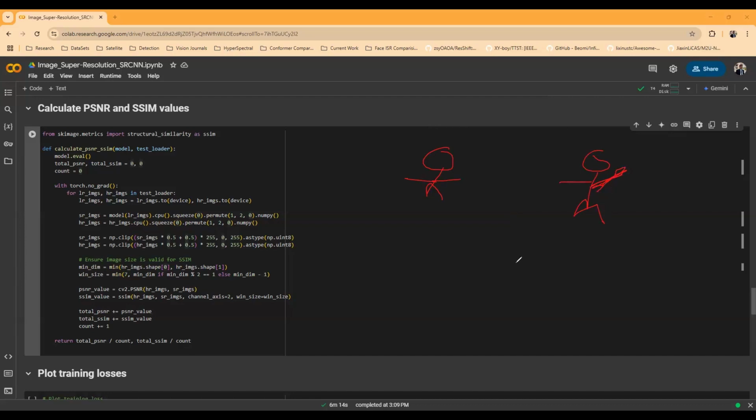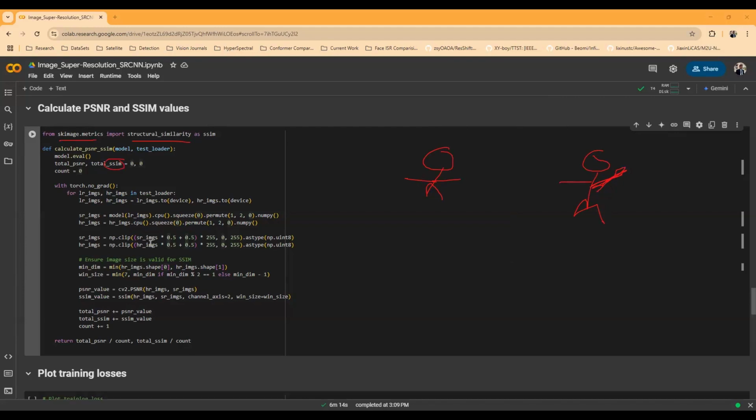So what about the structural consistency? That is measured using the SSIM, which is available in skimage.metrics. Structural similarity is SSIM.